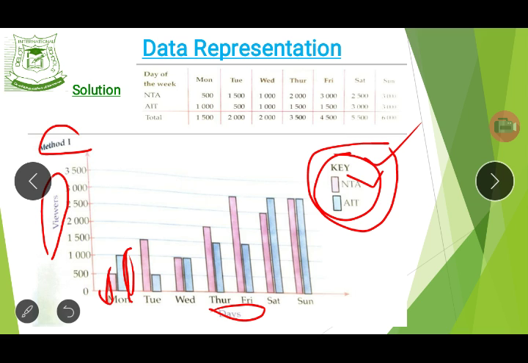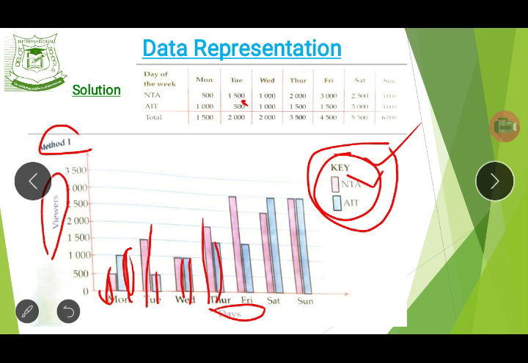The same thing happens on Tuesday. 1,500 for NTA. Do you see that now? Pink. And then 500 for AIT. Do you see that now? You keep representing them continuously. The same for Wednesday, 1,000 for both stations with their colors. For Thursday, 2,000 and then 1,500. Do you see that now?